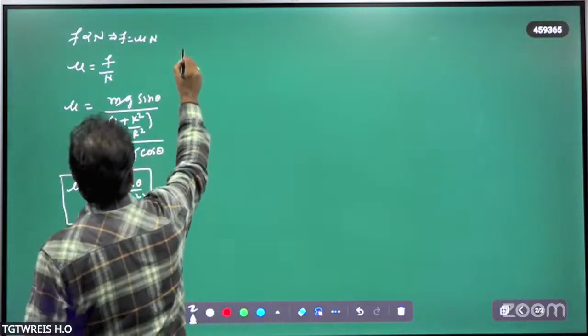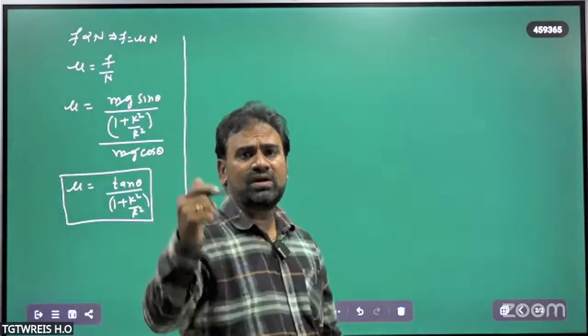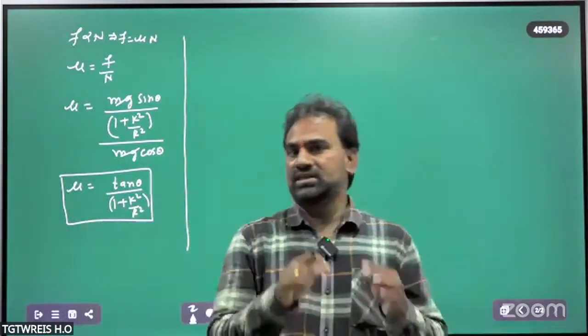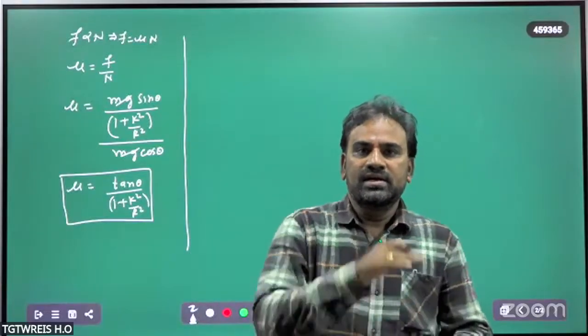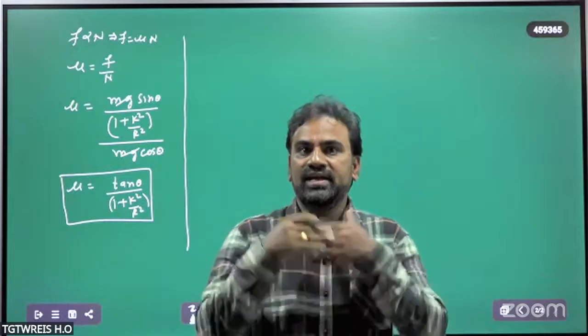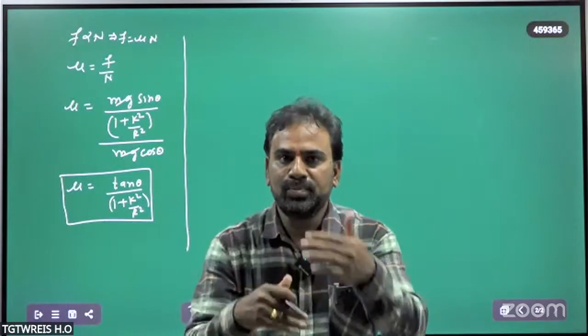Suppose for pure rolling, what conditions are applicable? If the body is rolling purely, it would not be slipping, not sliding, not jumping or giving any type of jerks.